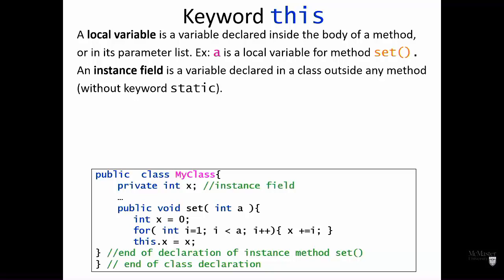So if you say this dot x, because this refers to the class, that means you are asking the compiler to use the global version for you, right? If you are just referring to the variable name x without this, then it goes back to the C situation. If it's inside the method that defined x, then it's the local variable. Outside it would be the global one. Is that clear?